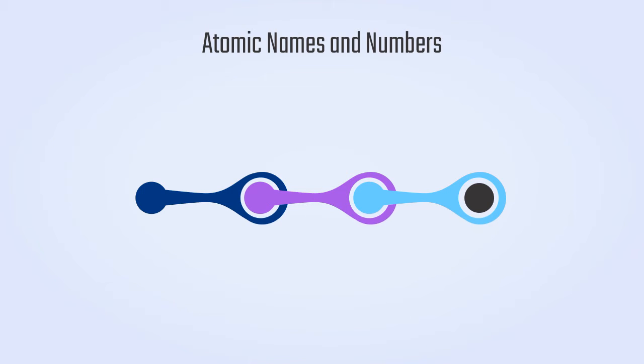Well, now let's keep talking about atoms with their atomic names and numbers. We already started talking about atomic numbers in our last lesson. So elements have been identified for years by scientists. There's over 100, about 118 right now, that have been identified by scientists.